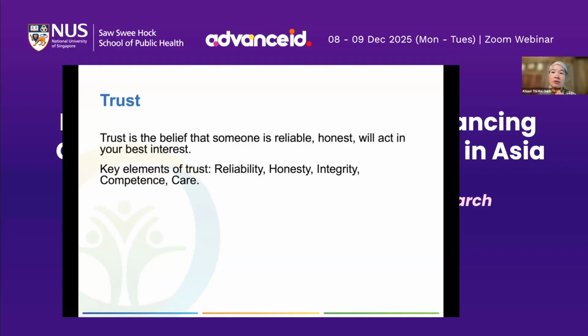In fact, you trust somebody when you can be sure that the person takes care of you or works in your best interest. So here are some key elements of trust, and I think it's really important for us to keep them in mind. First of all, it's about reliability. You say something, people can trust it. It is reliable. You do what you say. You are being honest about the good things, and also the bad things.